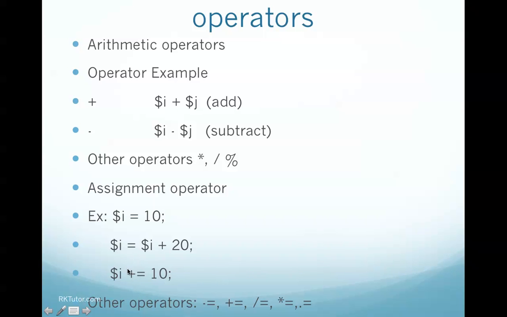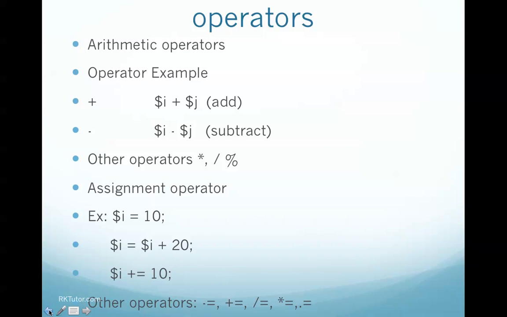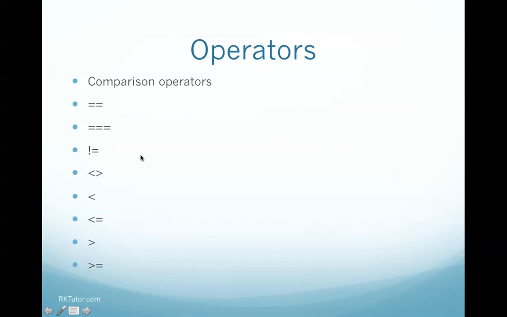Both are similar: instead of saying $i equals $i plus 10, you can have $i += 10, and you have other operators like -=, *=, /=, etc. And you have comparison operators like double equals, to compare if a equals b, and not equal to, less than, less than or equal to, greater than or equal to, etc.